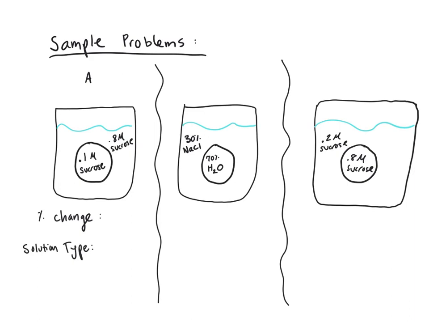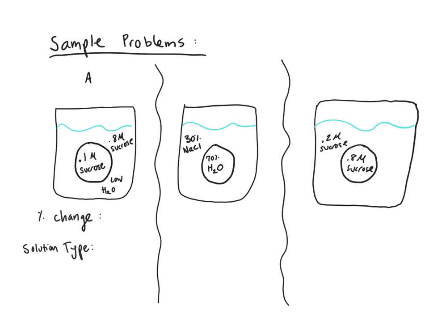So one thing you need to remember is that the more solute, the less water. So that particular solution type is going to be hypertonic. And you can actually go back to the definition and see that that is indeed defined by low water, high solute, because the more solute in the solution, the less water.